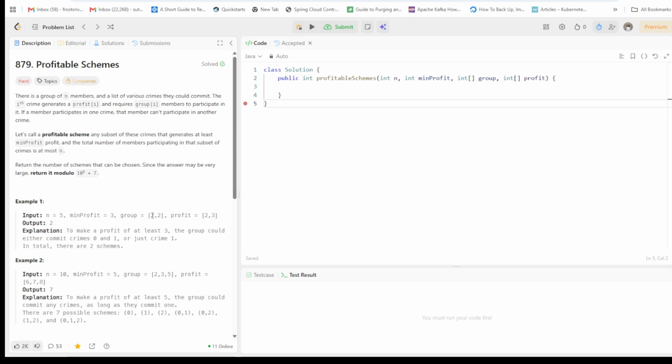And by performing crime one, we will get a profit of two, and by performing crime two, we will get a profit of three. And the maximum number of participation is five. We can't go beyond five.